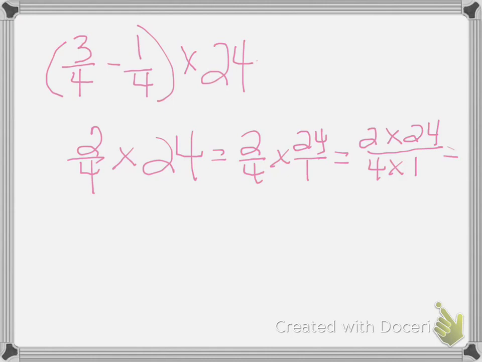Okay, and then 2 times 24 is what? 48, that is correct, over 4. So you have 48/4, and we just solved the problem that had 48/4. What was that answer? Who remembers? Very good, 12. So do you see how that works? So it works just the same. It's just an added step that they throw in there, working the parentheses.